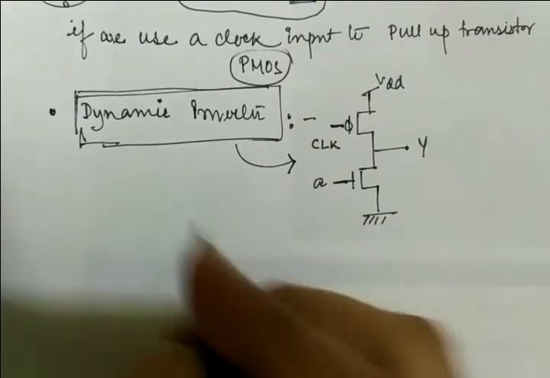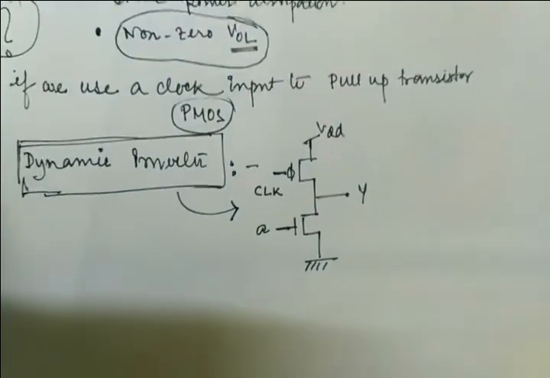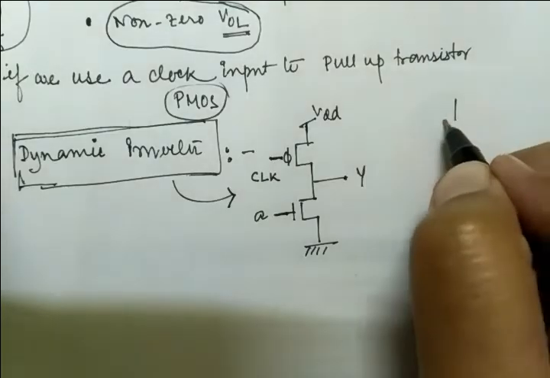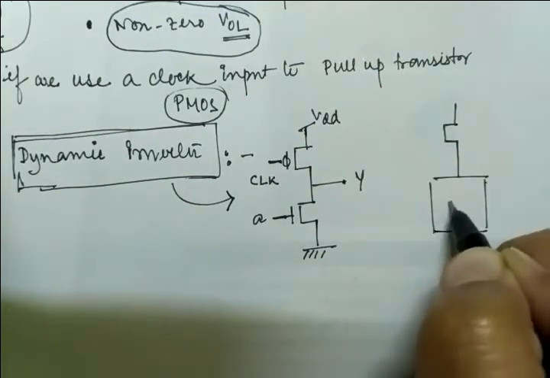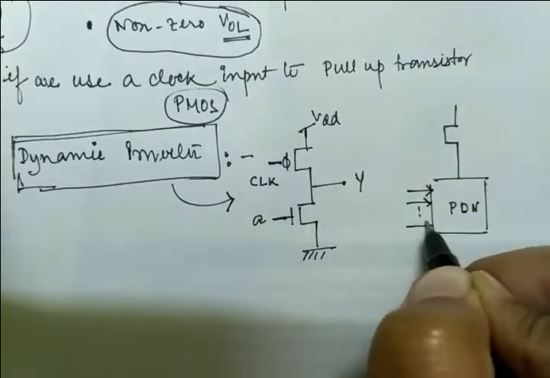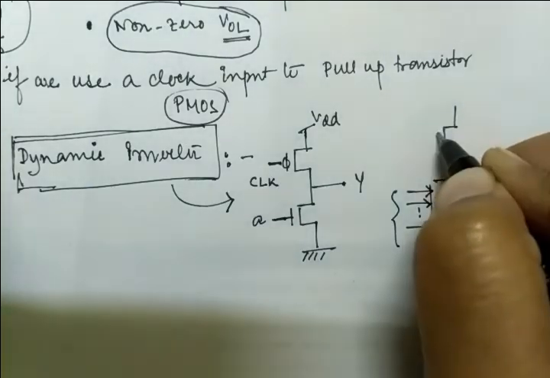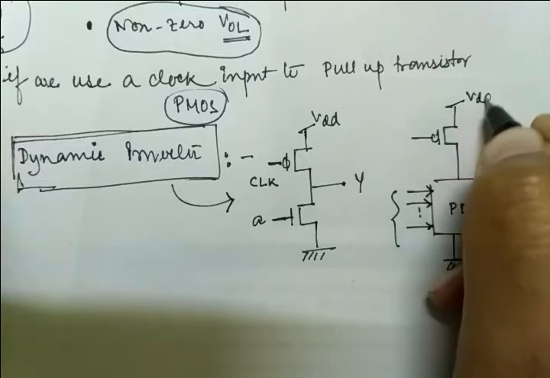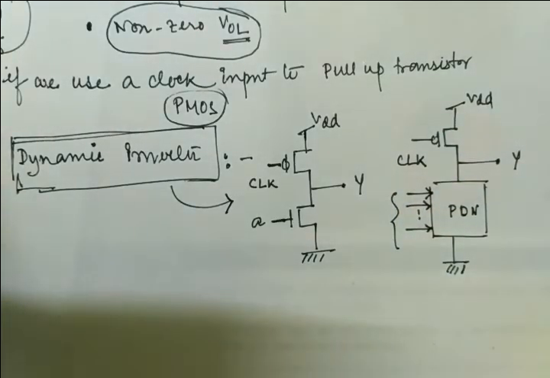So what is the general diagram of the dynamic logic circuit? Now the general diagram is: there is one PMOS obviously, and there is the pull-down network of NMOS, maybe a number of NMOS, depending on the input, and this is your ground connection, this is your PMOS, this is your VDD, and this is your output, and this PMOS will be controlled by the clock, right?